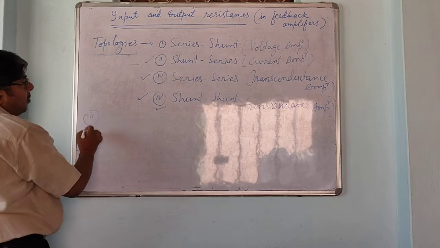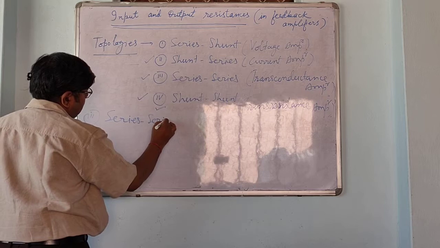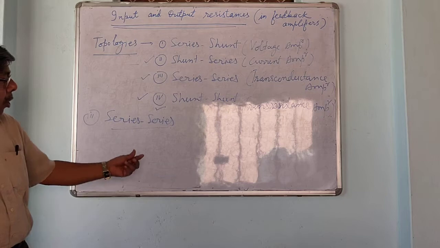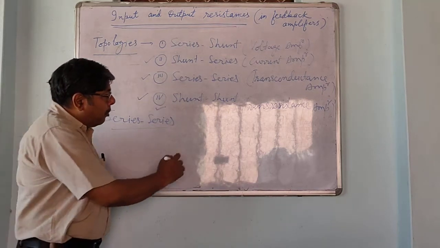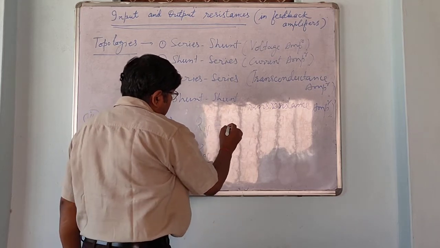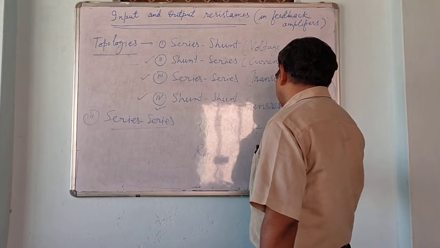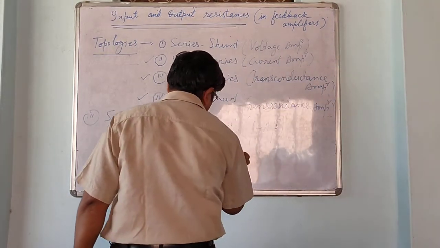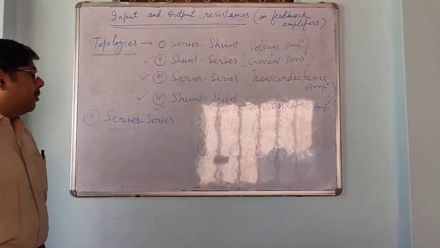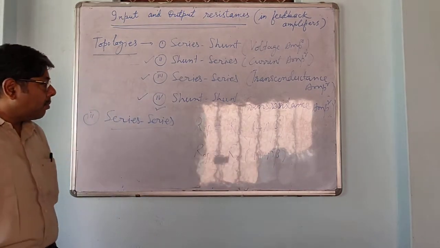For third one, that is series. At input connection is series and output connection is series. Therefore, at input and at output, both resistances are increased by this factor. Series means both are increased.